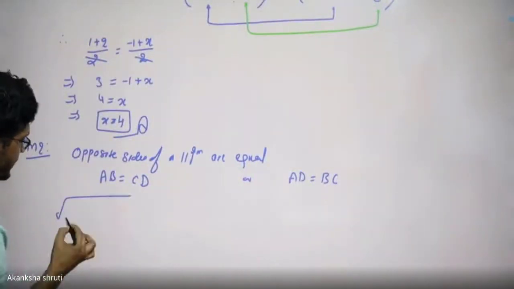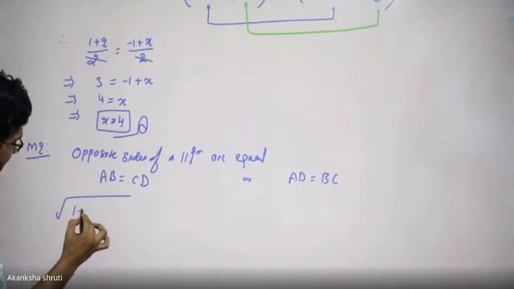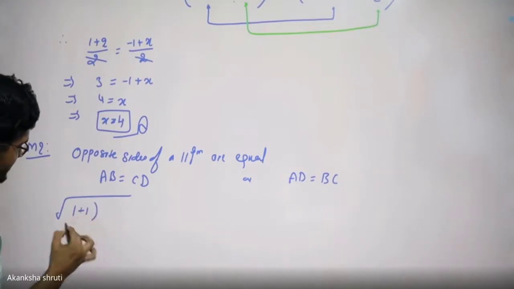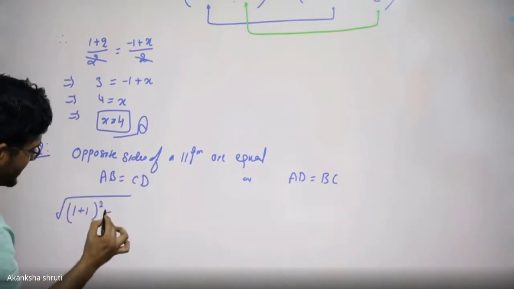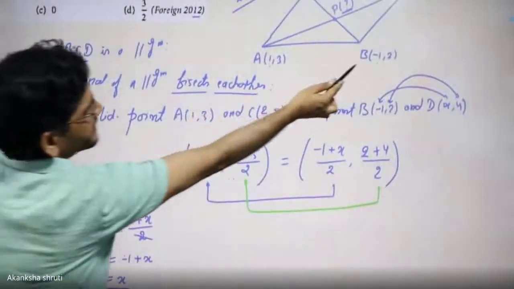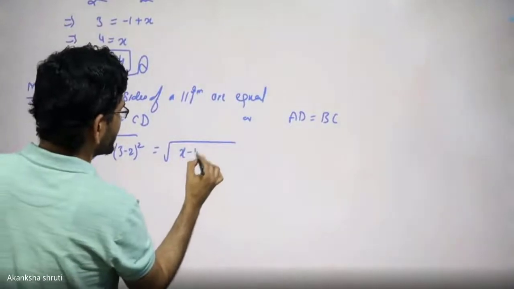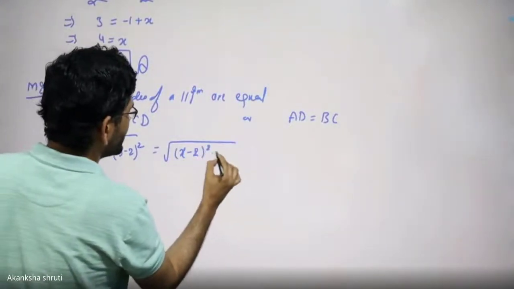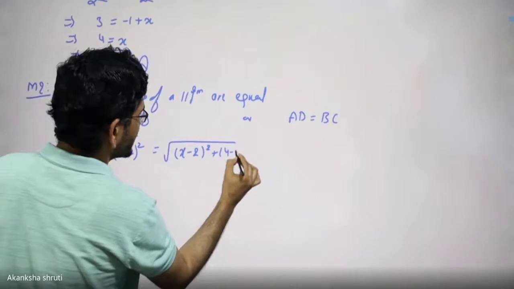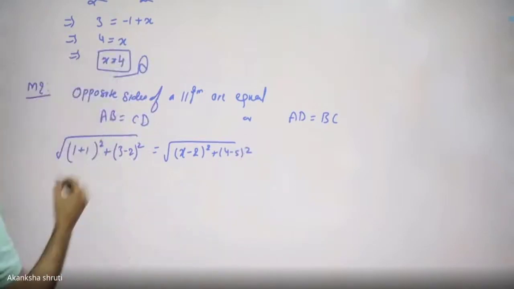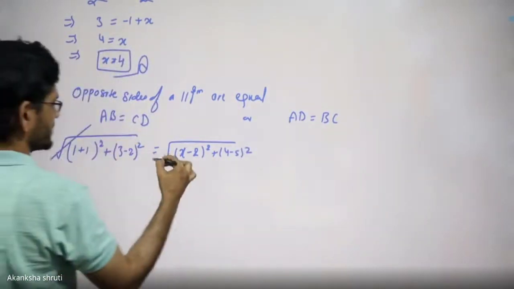It will be under root, 1 minus of -1 means it becomes +1, their square, plus their y coordinate. Students, we can see 3 minus 2, their square. X minus 2 square plus 4 minus 5 square. Students, for solving this, squaring both sides.